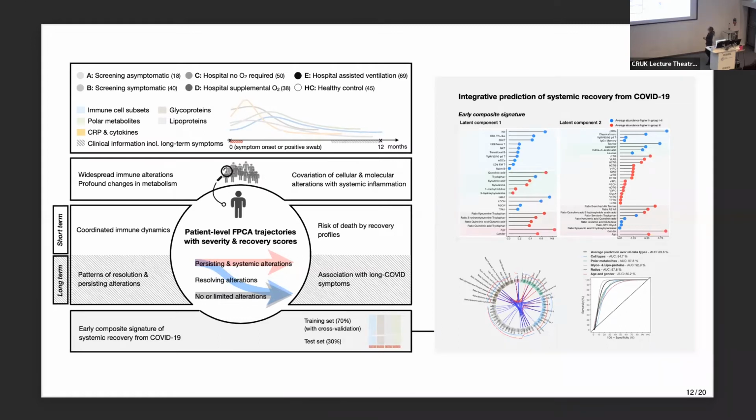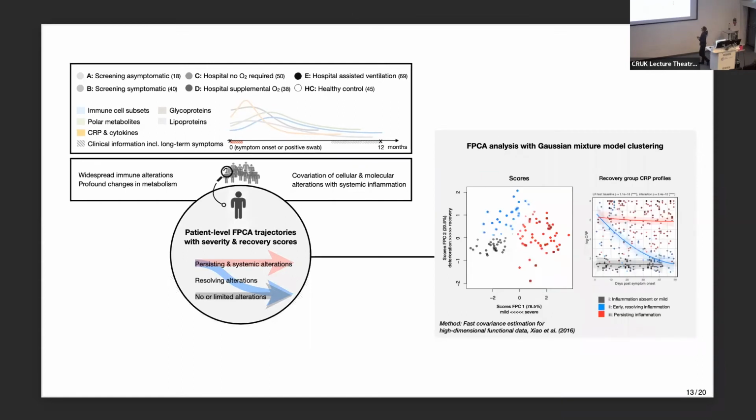We found a signature, and what was interesting is that the metabolites from the kynurenine pathway again appeared with a strong weight in this signature, along with other parameters from other types of data, because this is a composite signature. In particular, we found parameters involved in immune pathways, which we think may be acting in concert with kynurenine metabolism. That was interesting to see.